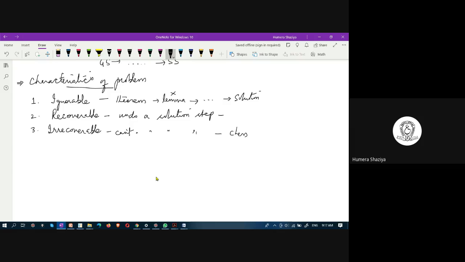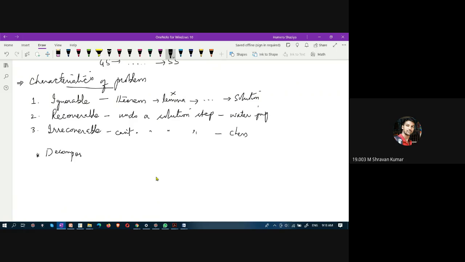Pawns cannot be undone. Whatever you have taken, your next move, it cannot be undone. That is irrecoverable. And these are the characteristics involving decomposability of a problem.